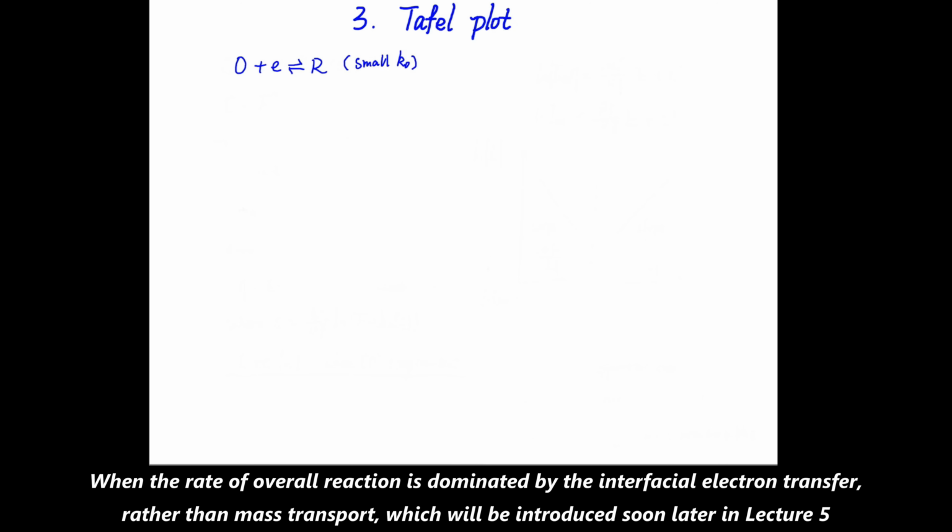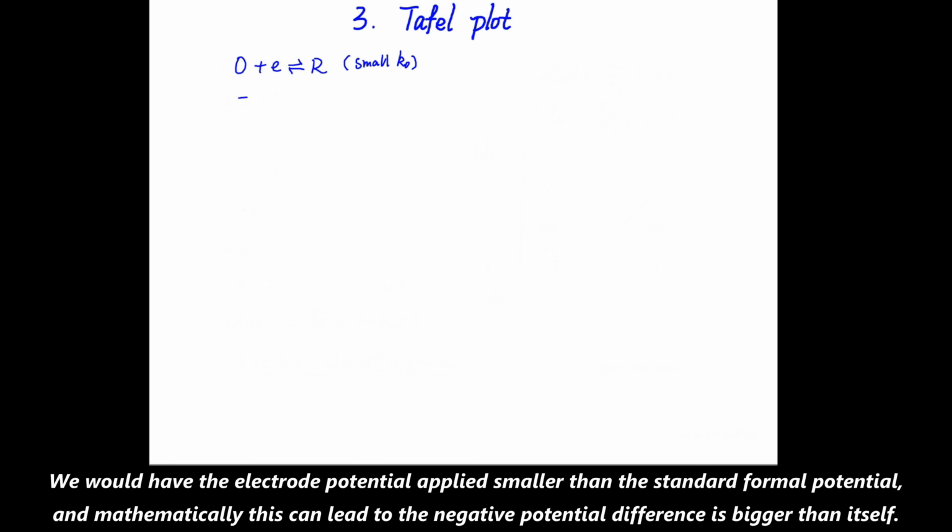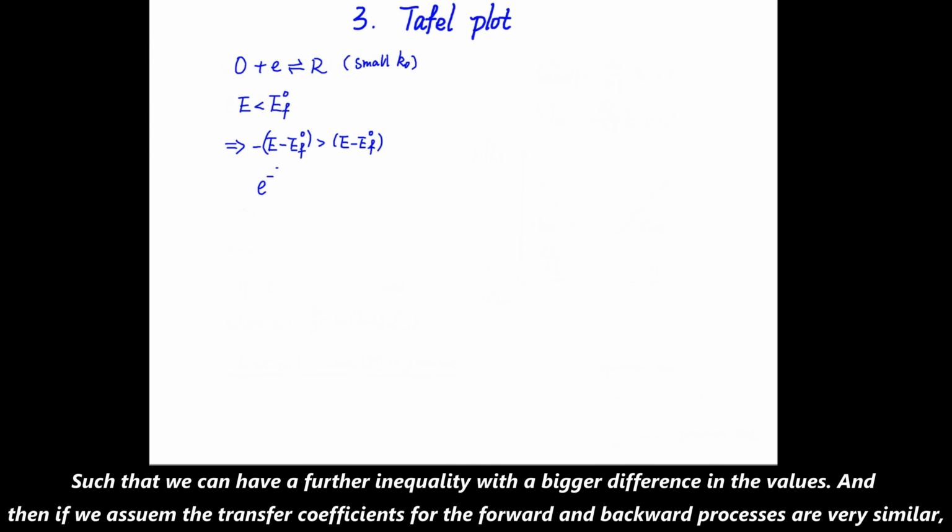And when the rate of the overall reaction is dominated by the interfacial electron transfer rather than mass transport, which will be introduced later in Lecture 5, we would have the electrode potential applied smaller than the standard formal potential, and mathematically this can lead to the negative potential difference being bigger than itself, such that we can have a further inequality with a bigger difference in the values.